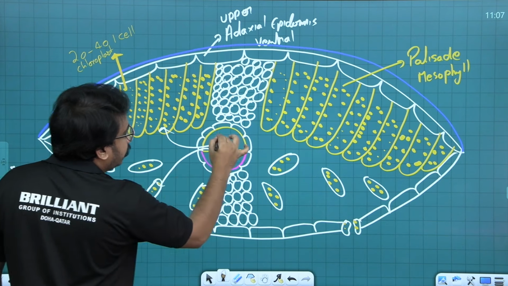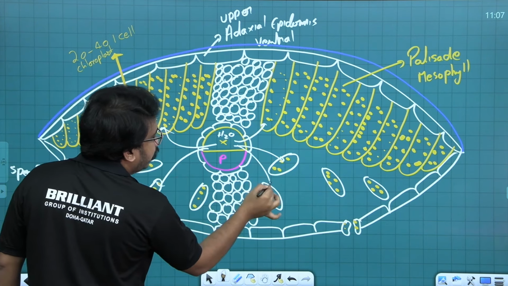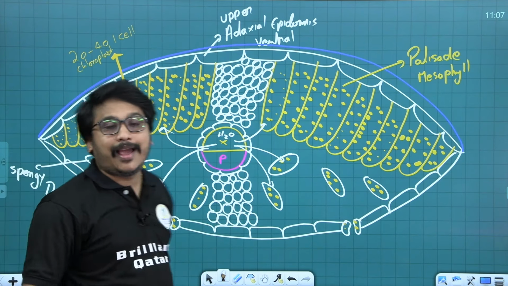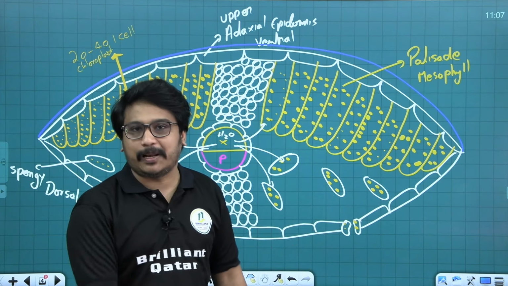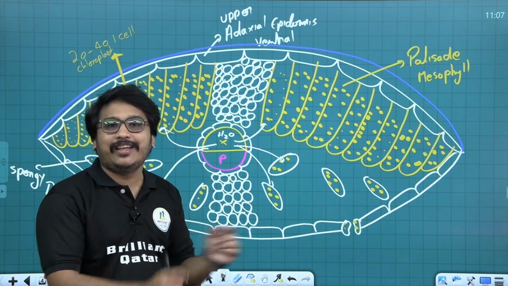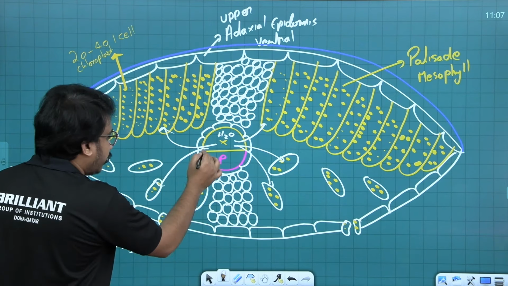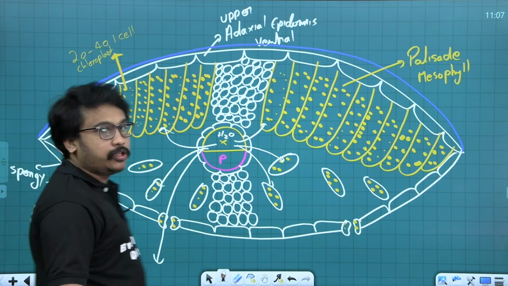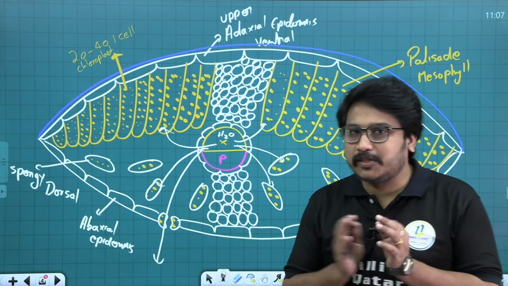So the xylem has water, and the water goes mainly to all these mesophyll cells. Especially the chloroplasts in the mesophyll get water from the xylem, and using that they perform photosynthesis. Also understand, some water is lost through the stomata as water vapor. The process is called transpiration.